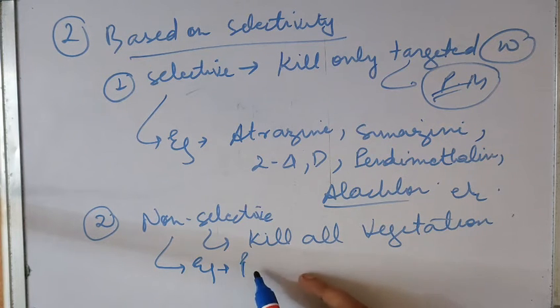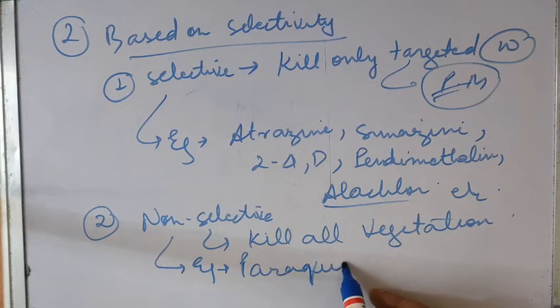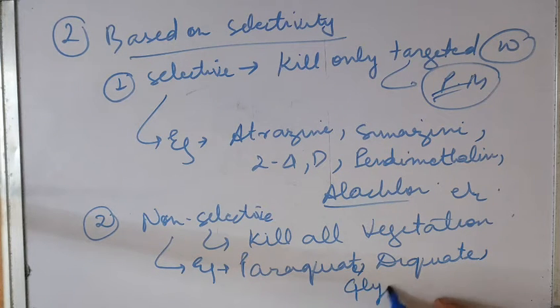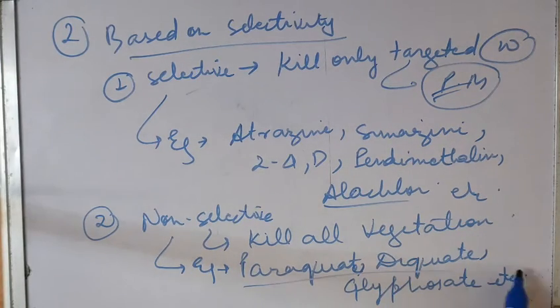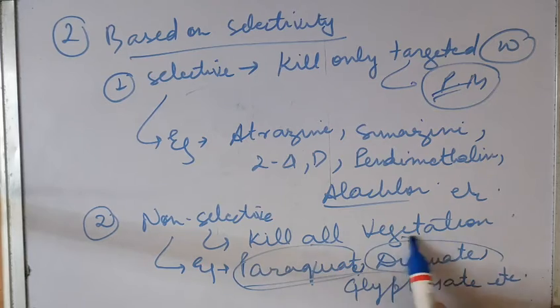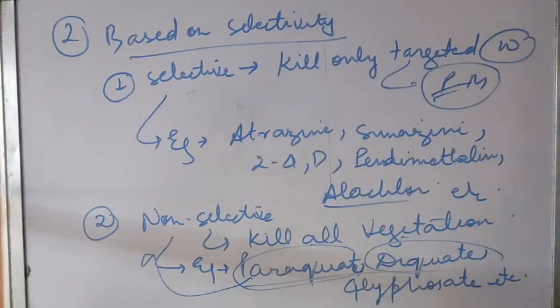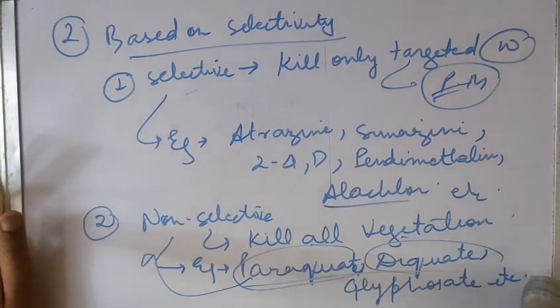Examples are paraquat, diquat, glyphosate, etc. Usually, as they kill all vegetation, they are applied before sowing of crops, so that all the weeds and vegetation are killed in the field and crops don't get affected as they are not sown yet.